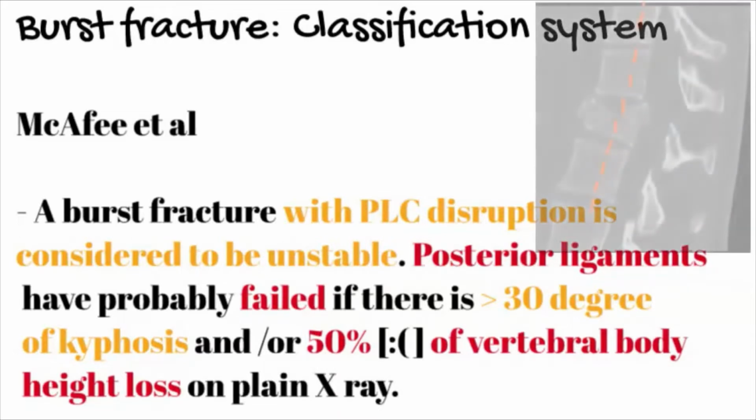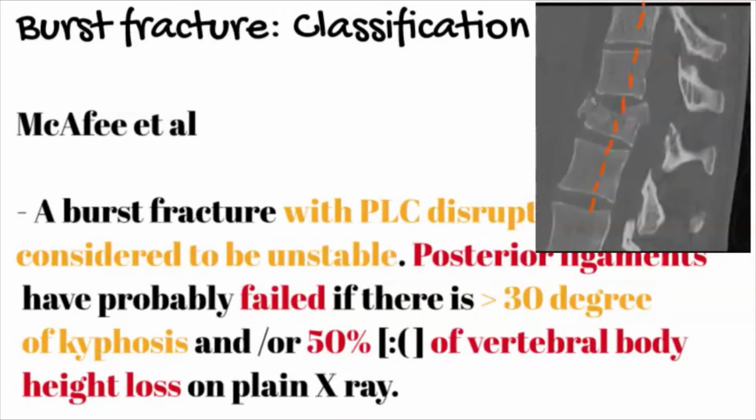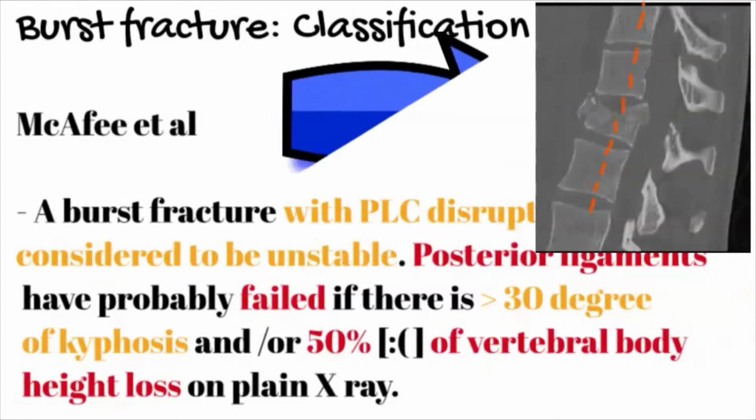To confirm PLC disruption, MRI is suggested. This picture shows a CT scan that reveals a burst fracture that involves the middle column with a bony retropulsion into the spinal canal.